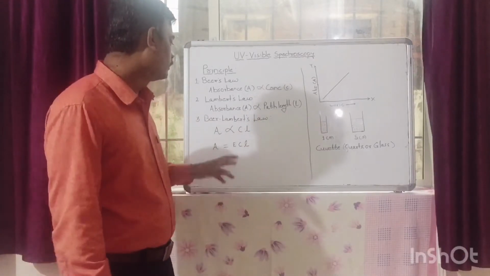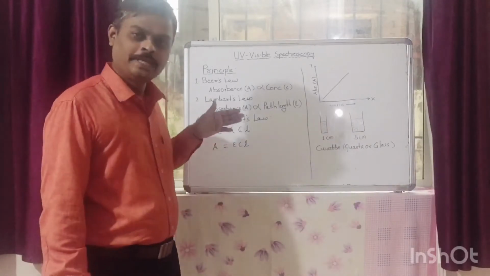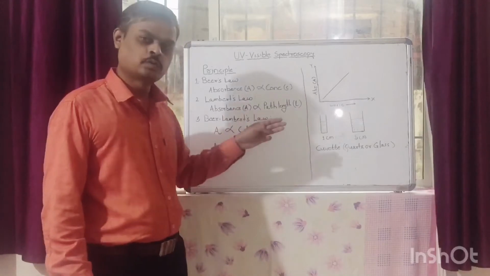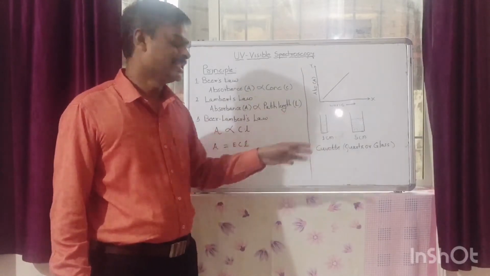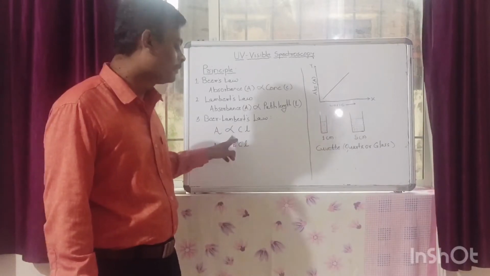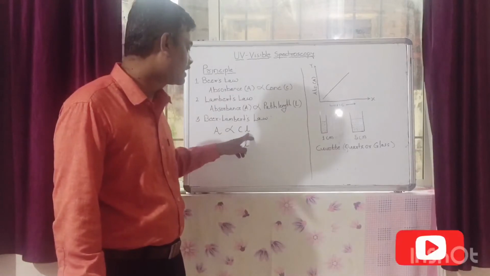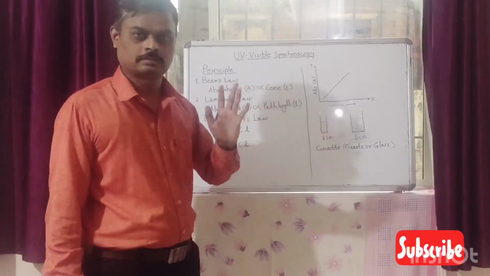It means that when a beam of radiation passes through a homogeneous solution, the extent of absorbance will be directly proportional to the concentration of the solution as well as the path length of the solution.